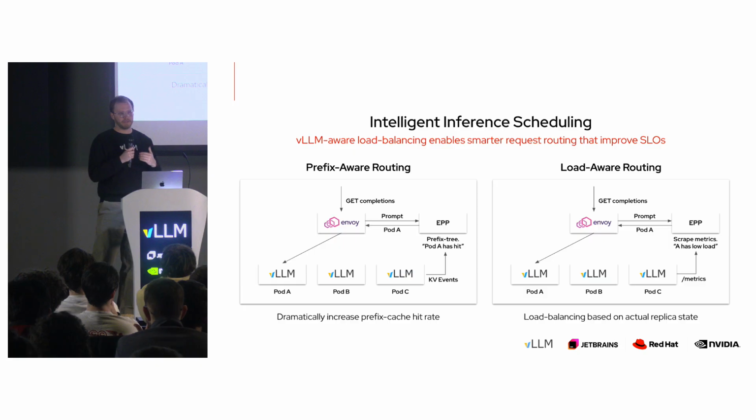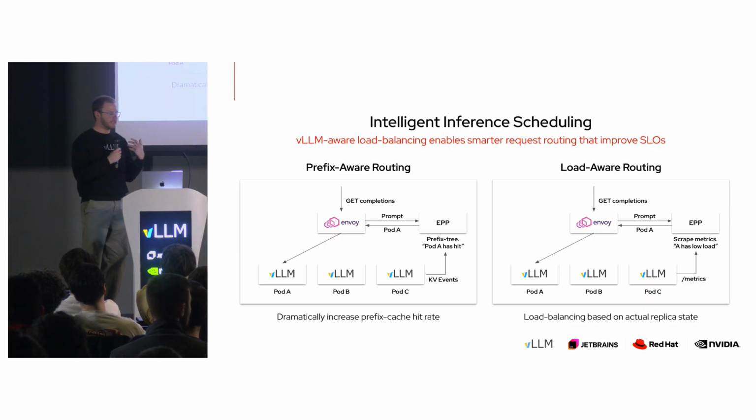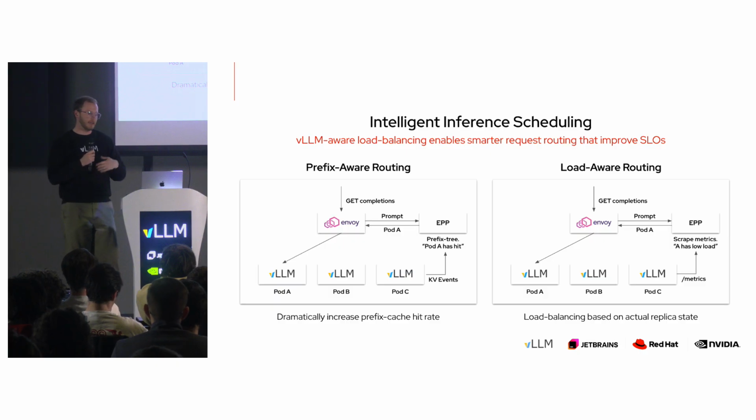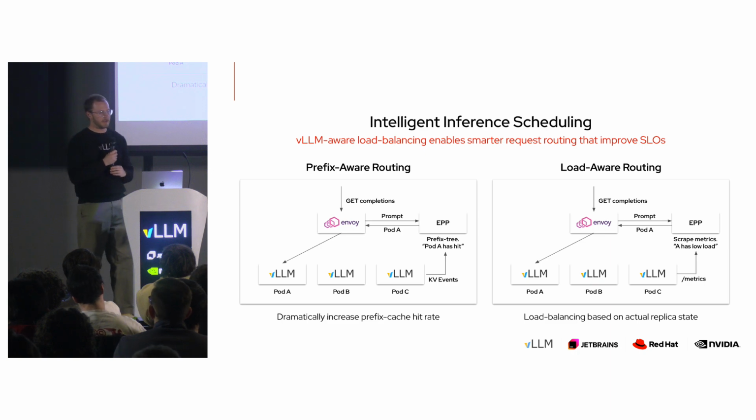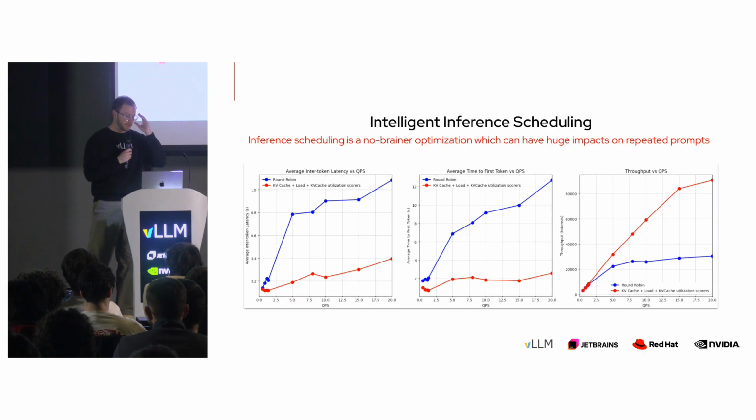What would be the place that would get us the best prefix cache hit rate for a given request routed to a given server, or load aware routing, where we need to scrape metrics constantly from all of these pods and know not just how many requests are running on the vLLM node, but also what's its KV cache utilization. Is it running prefill requests or decode? Is it a prefiller or a decode specialized node? There are several baked in routing policies, but you can of course make your own.